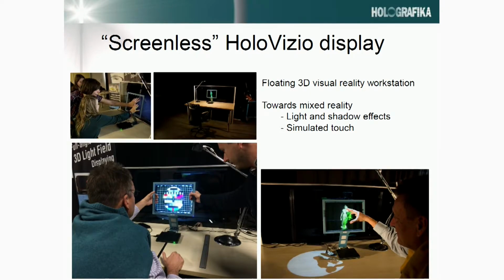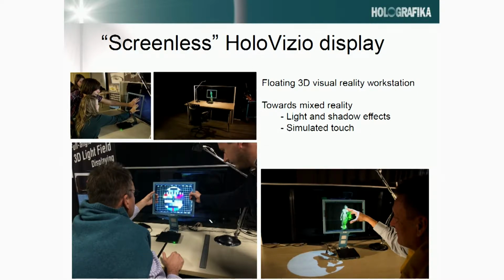And this is the last one that I would like to introduce. This is a special display that we are experimenting with. This is the closest to the original Ninja image that I've shown you. So as you can see, you can do this with the screen. It's pretty much screenless.